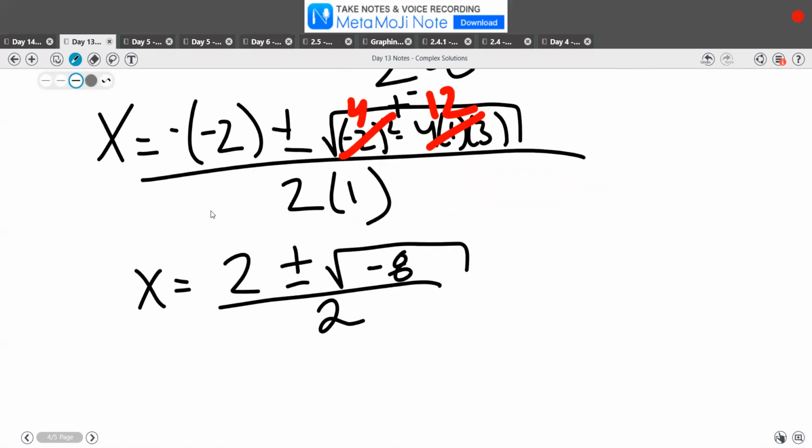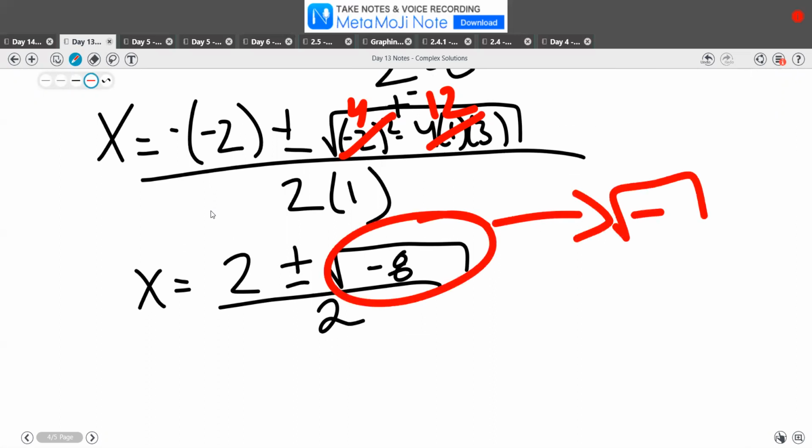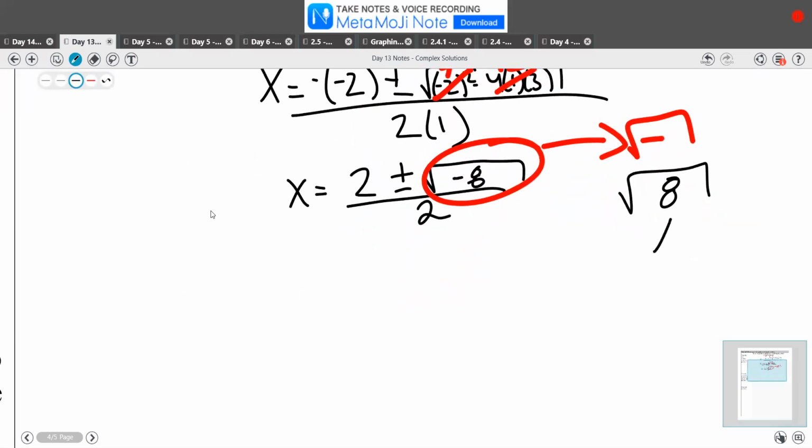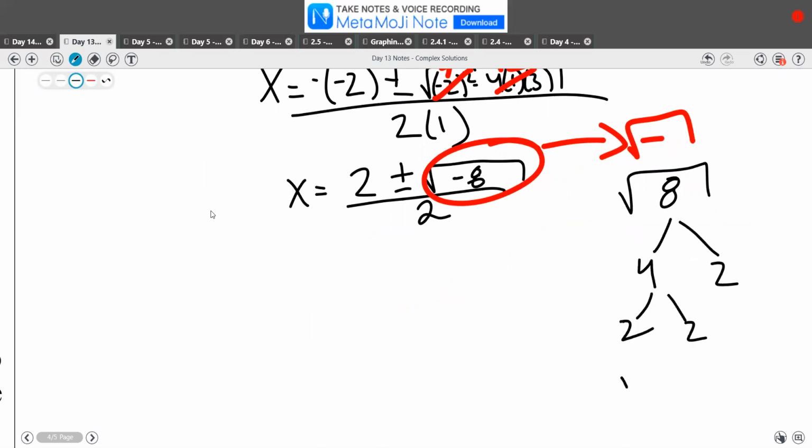Now, the one thing that we're going to notice is that we have a negative square root, which means that we're going to have an i. We're also going to have to simplify this. The square root of 8 can be broken down into 4 and 2, 2 and 2. So that would be 2 times 2 times 2.